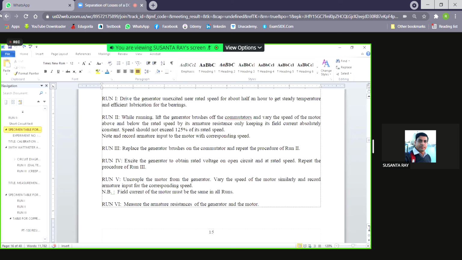Got my point? So in run 2, when we took the last run, which loss was there? Only the mechanical losses, windage and bearing friction losses. Okay, to remove that, we have to remove the generator total setup itself. So therefore we are mechanically uncoupling the motor from the generator. Thereby we are separating the windage and bearing friction losses out.